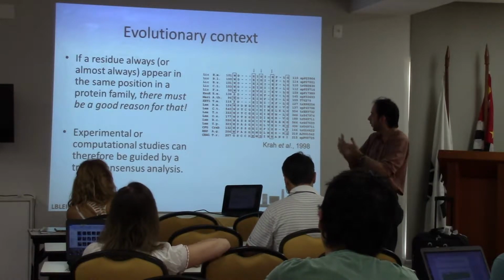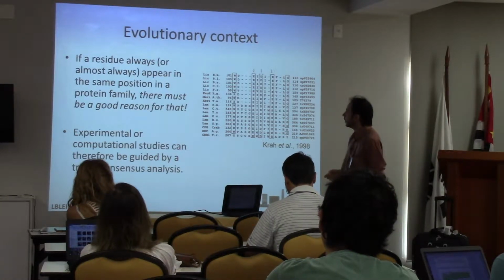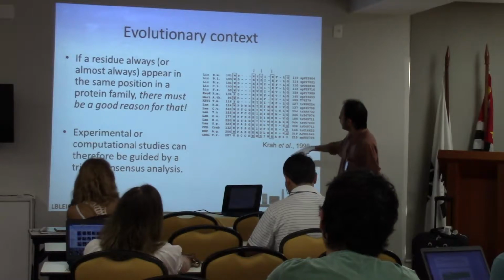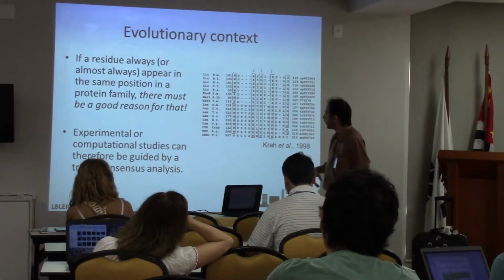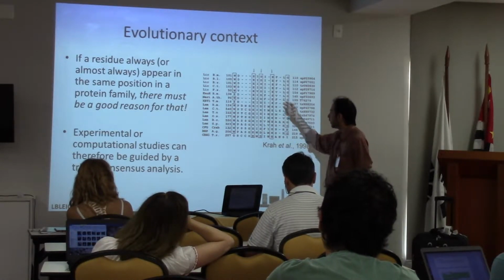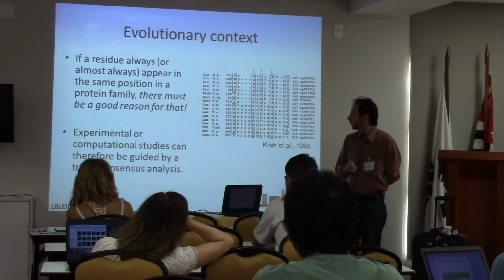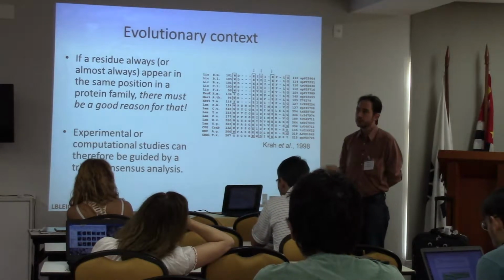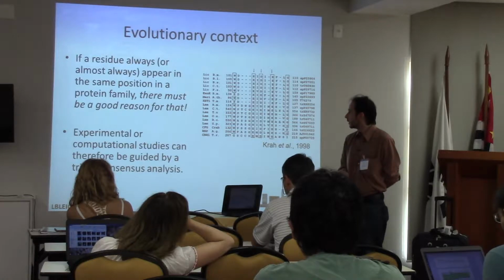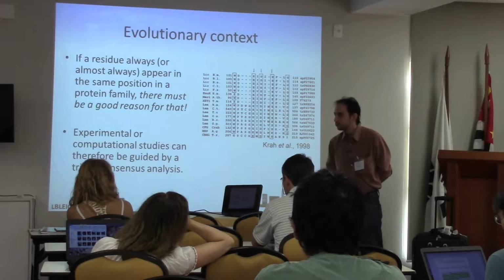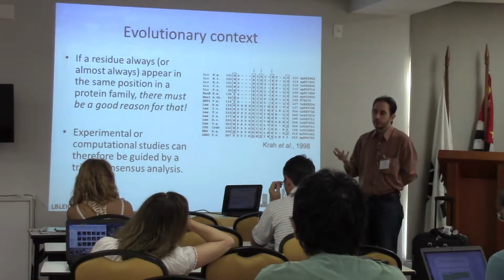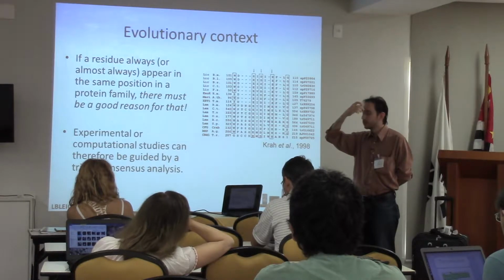Simply by doing a trivial sequence alignment, he noticed that there were three positions where all sequences had either an aspartate or a glutamate, and those are residues which are commonly involved in catalysis. So he did site-directed mutagenesis on these residues, and the protein ceased to have activity.